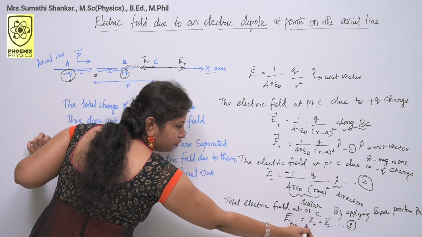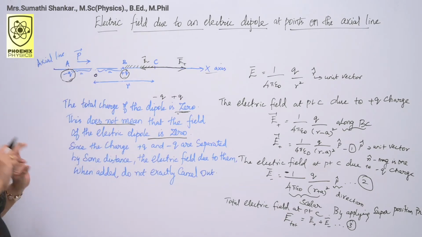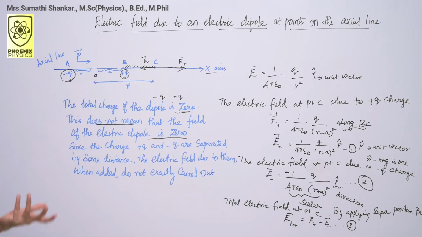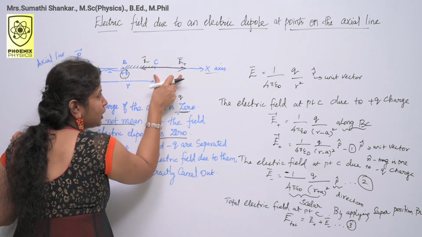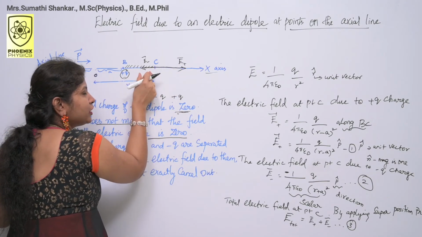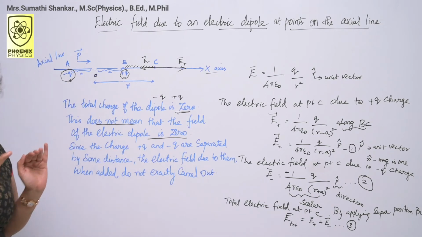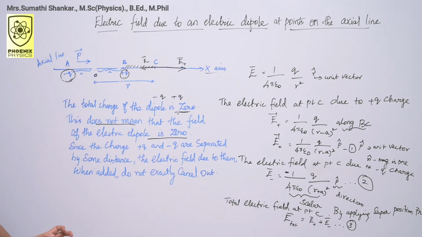If you add the fields, they do not cancel each other. Why? Because the magnitude is different. E plus has larger magnitude, E minus has smaller magnitude. So we cannot cancel the electric field. This is one of the conclusions.